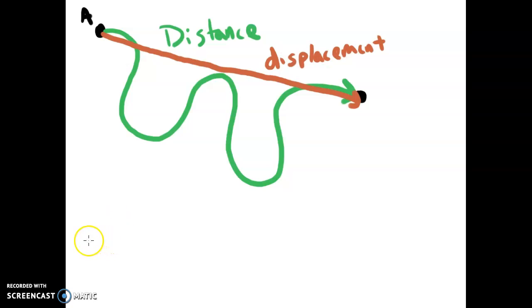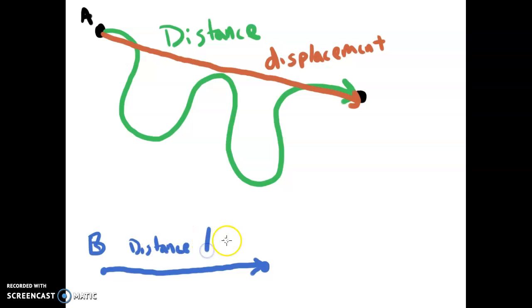Blue here for particle B. And if you traveled in a straight line over here, right, well then distance and displacement would be the same, but only if you traveled in a straight line, right? And only if you traveled in one direction.